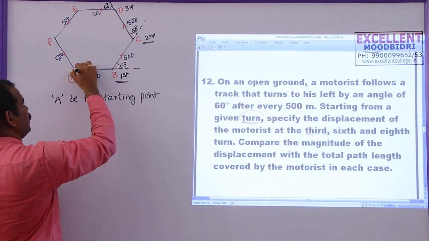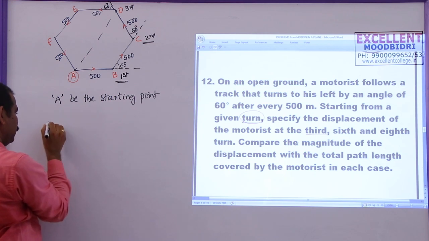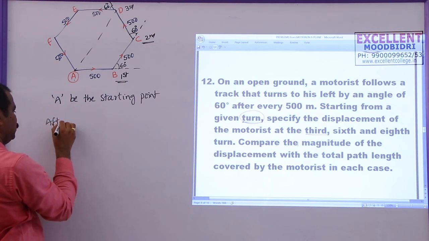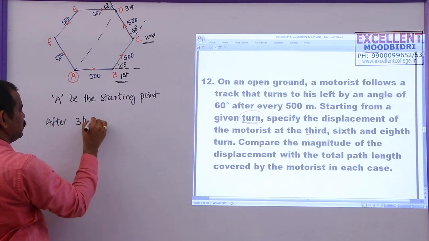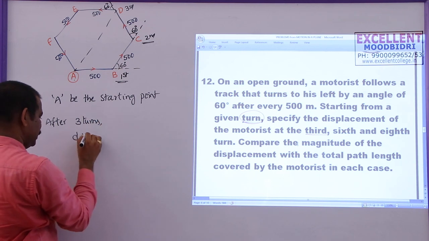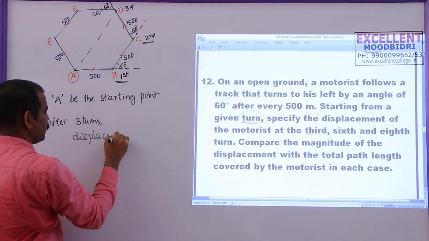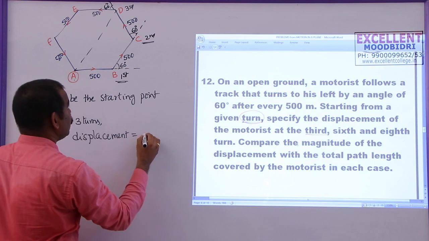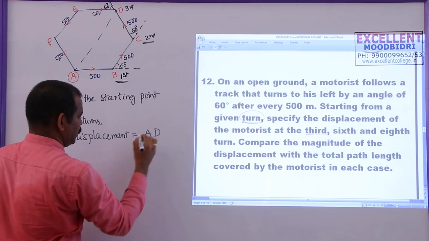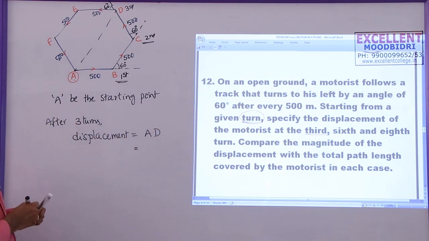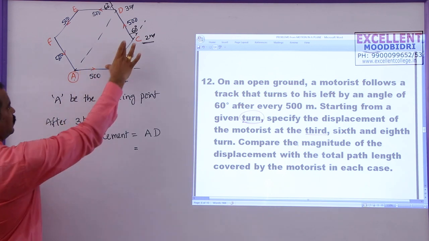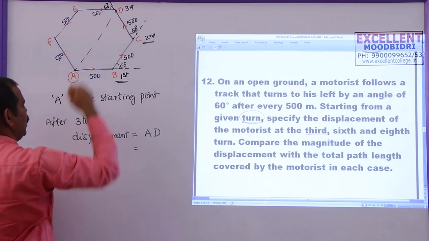So what is the displacement? Just join A with D. So after 3 turns, displacement will be AD. But in this problem we know that this is 500, this is 500, this is 500.